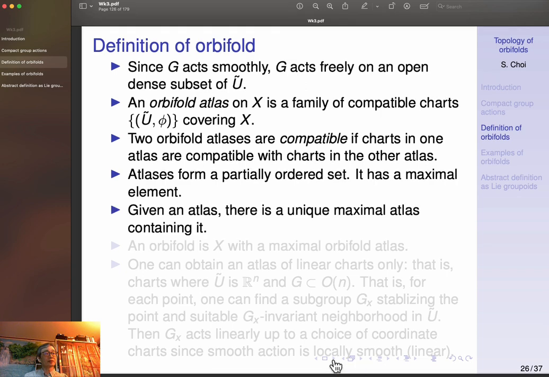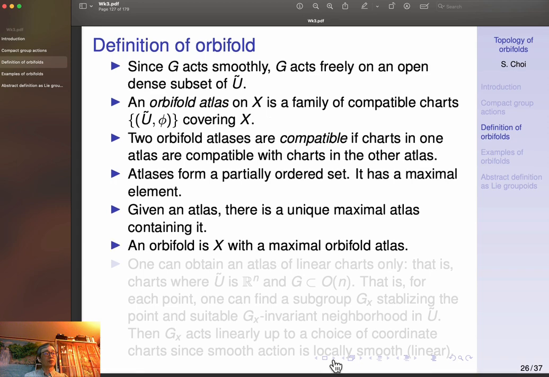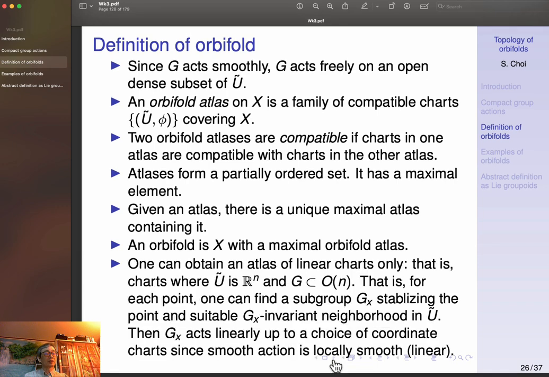Given an atlas, there is a unique maximal atlas containing it. So an orbifold is a space X with the maximal orbifold atlas; the maximal orbifold atlas is what we mean here.